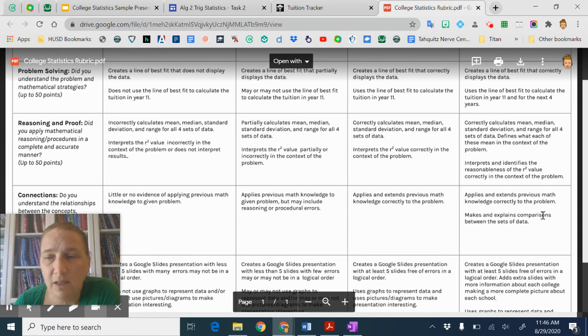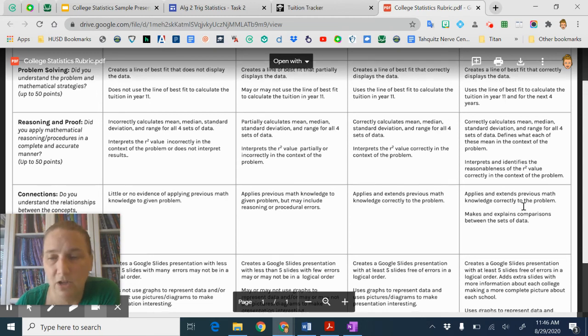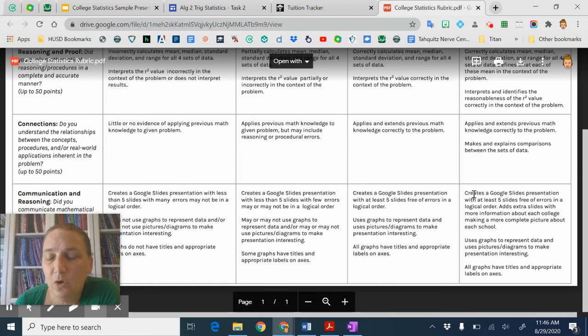And then you apply and extend previous math knowledge correctly to the problem. Basically, you make and explain the comparisons between the sets of data. So you could compare your means of the mean tuition. You can compare what the predictions are. Okay, those are some things you could use to make some connections. And then your final one is that you create a Google Slides presentation that has at least 5 slides, okay, that are free of errors, and in a logical order.